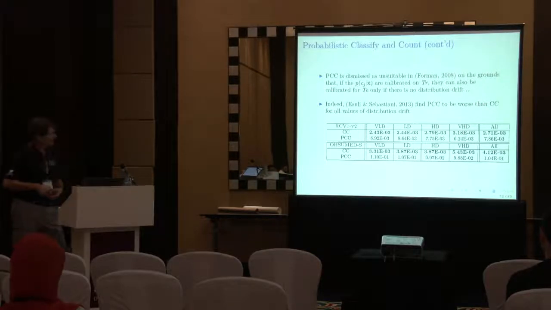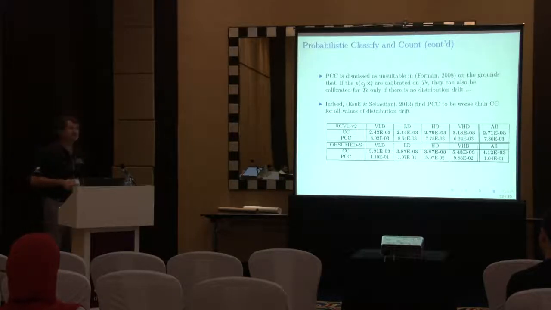And here I will start to give some experimental evidence in the form of these tables. Let me look at how these tables are organized. For instance, the experiments we ran are on two large data sets. One is called RCV1-v2, which stands for Reuters Corpus Volume 1 version 2.